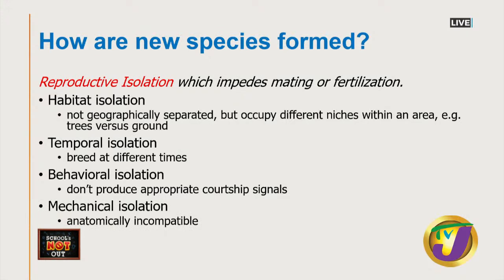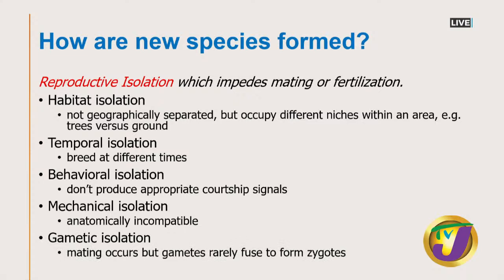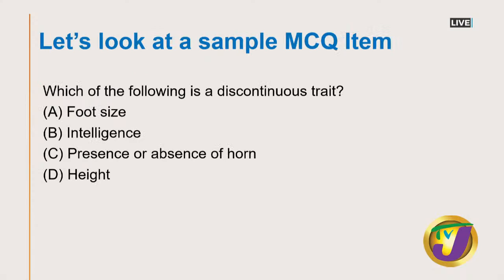You can have mechanical isolation, where there are anatomical incompatibilities, so they're not able to procreate or copulate. And then, of course, you could have gametic isolation, where the mating occurs, but the gametes do not fuse to form a viable zygote.